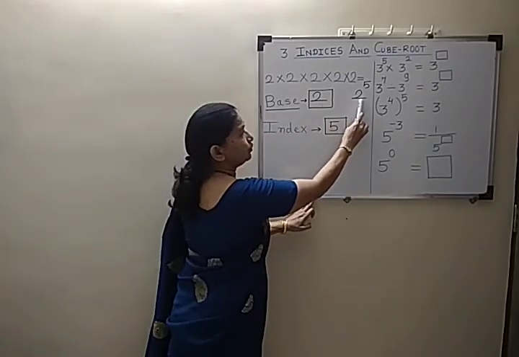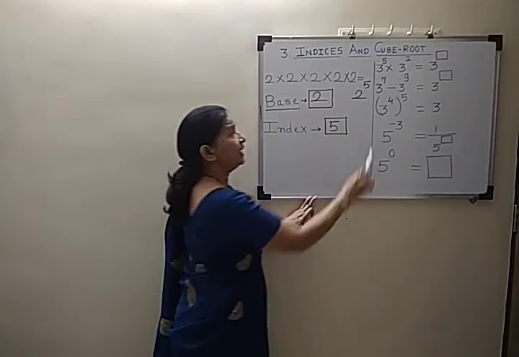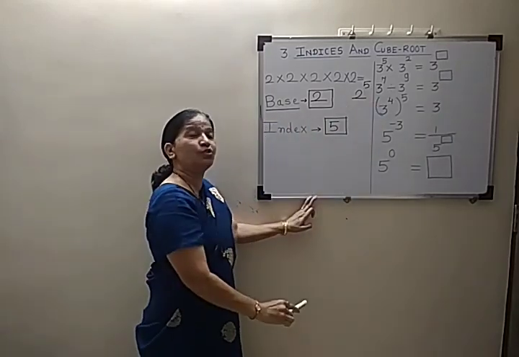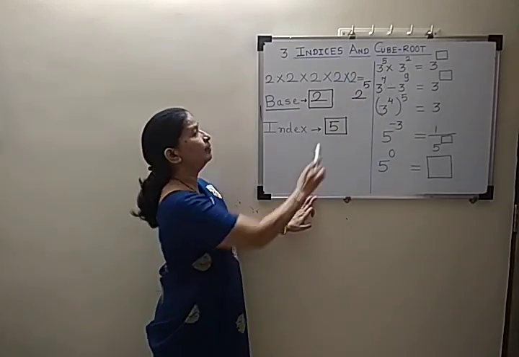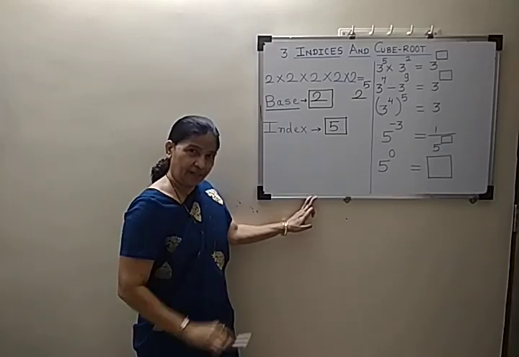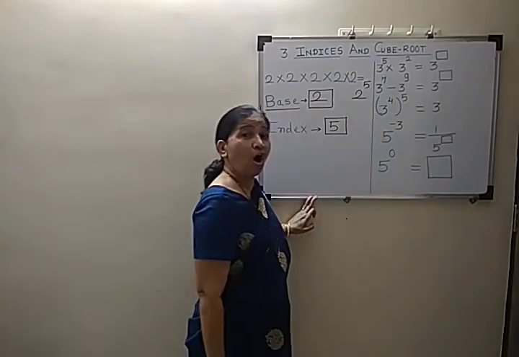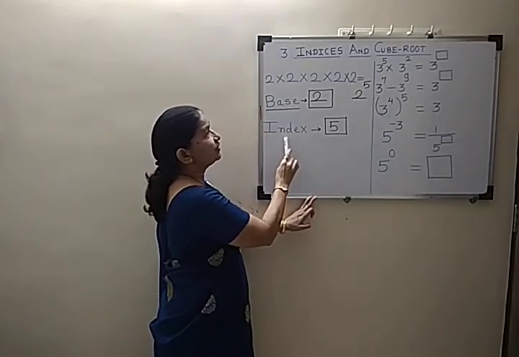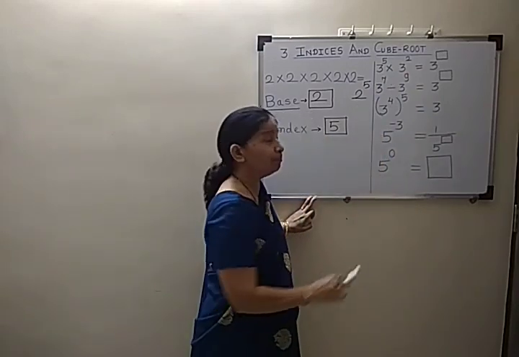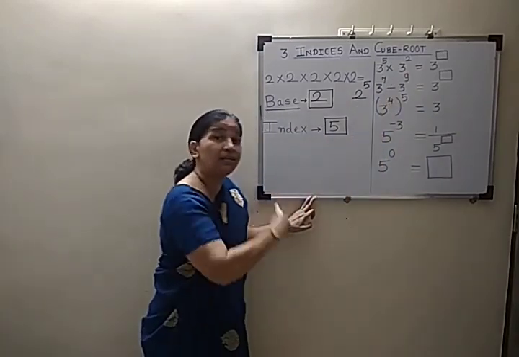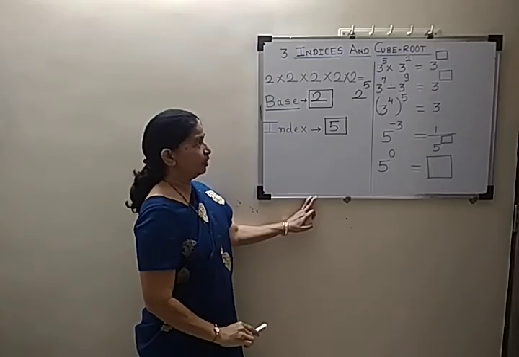And this 2 is called as a base and this 5 which I have written is called as index. Now depending on this we will solve some examples which we learned in last standard, in 7th standard only.